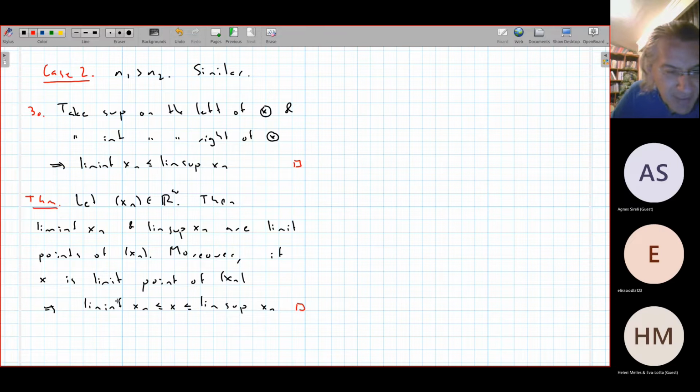So in other words, liminf is the smallest limit point of a sequence, and limsup is the largest limit point of a sequence. So any other limit point is between the two of them.